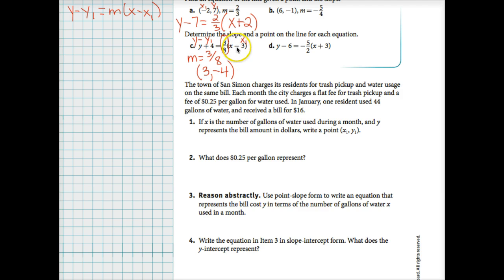So really what ends up happening is that when you look at it with the y and the x, the opposite of whatever sign you see there is the sign that goes in your ordered pair. So here we saw a -3, and we write a +3 here. In this, we saw a +4, and I write -4.